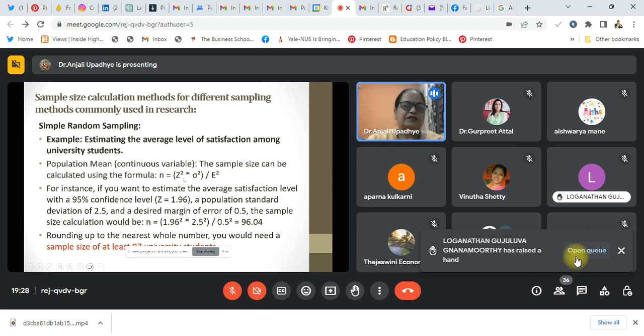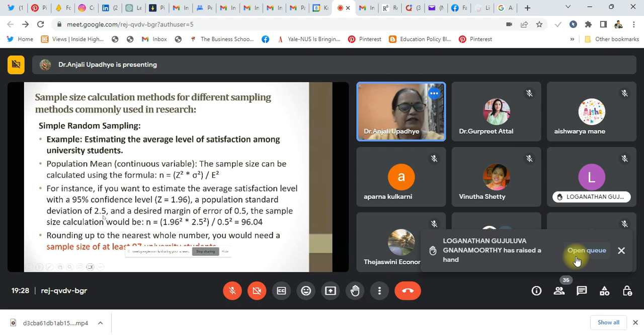Now you can see the formula over here: n = z² σ² / e². Where does this sigma come from? Sigma means the standard deviation. Where will the standard deviation come from? The previous university students give us a standard deviation value of 2.5. How do I get it?